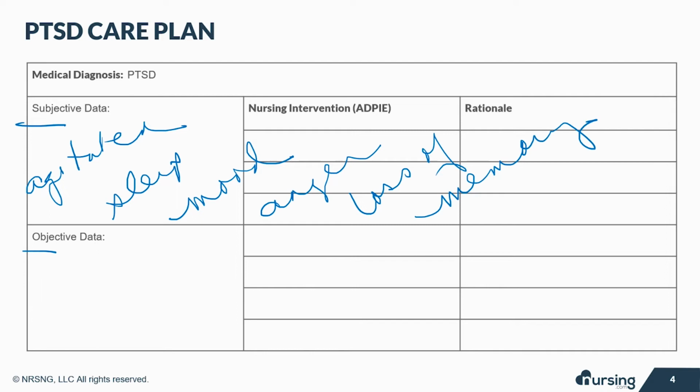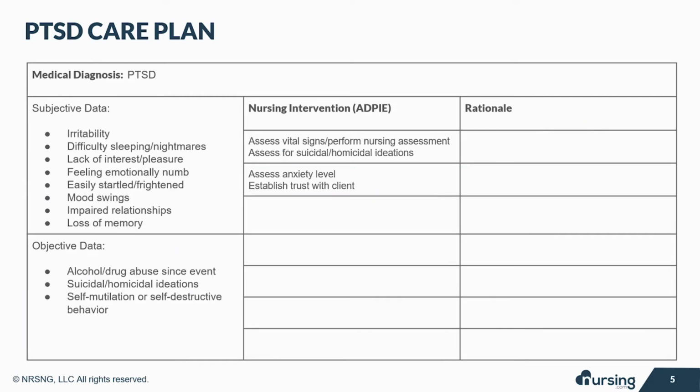Objective or measurable data may include alcohol or drug abuse since the event, suicidal or homicidal ideation, self-mutilation, or self-destructive behavior. So let's take a look at the nursing interventions, which are super important to a care plan.